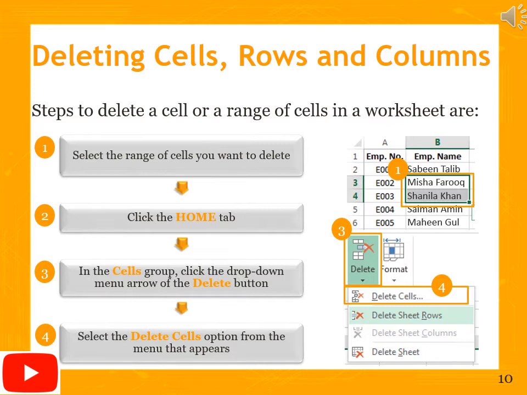In the Home tab, you can see a cells group, and in the cells group, you can find the delete button. When you click on that small arrow of the delete button, a drop down menu will appear and you will have 4 options: delete cell, delete sheet row, delete sheet column, delete sheet. Now, whatever you select, here we will select delete cells.